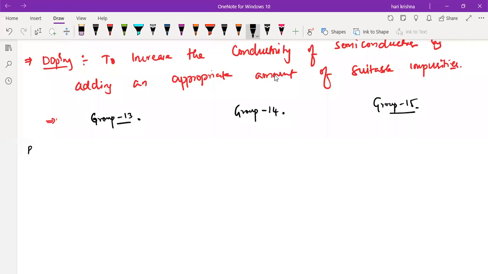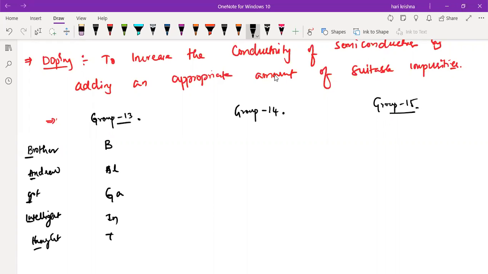Taking the starting letters: B for boron, A for aluminium, G for gallium, I for indium, T for thallium. These are the elements in group number 13. If you remember this statement alone, you can remember all the elements in group 13 in order.